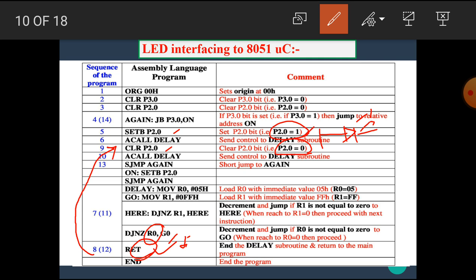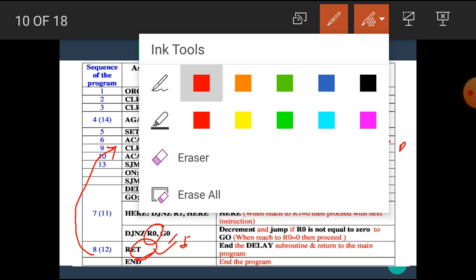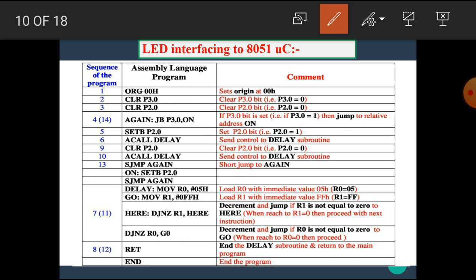And when the CLR P2.0 instruction is executed, P2.0 is now 0. 0 means this pin is connected with 0 volt and the LED is in off state. Okay, I hope you all understand the program.